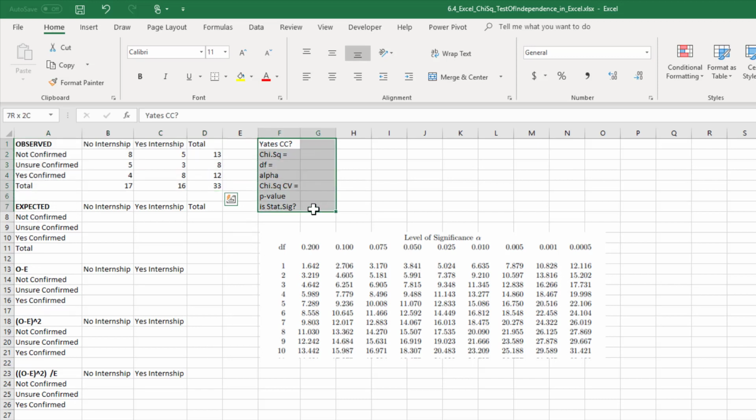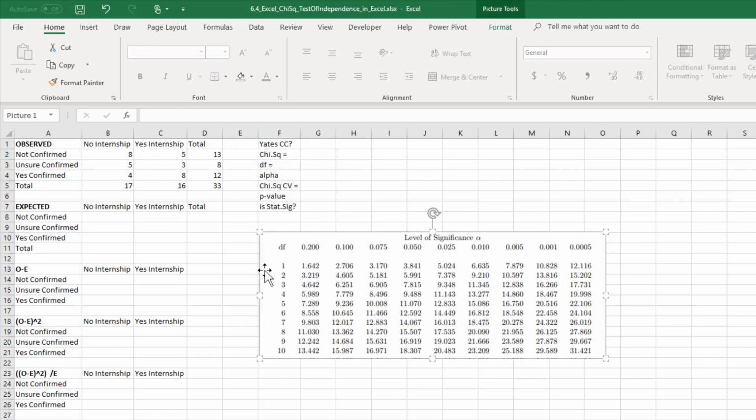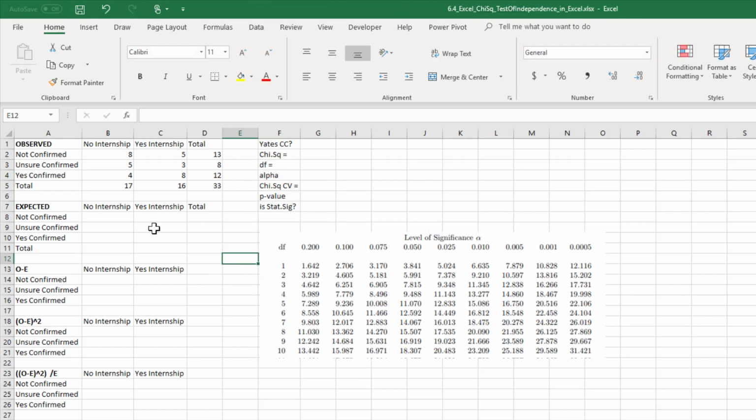To the right of that is just some helper data that we're going to use to help get through these processes, and then a snapshot of the chi-square critical values from a chi-square critical value table. You'll notice this setup looks a little bit different when we do our observed versus expected calculations. Last time they were all in nice, neat little columns. This time it's going to look like a table as we move down.